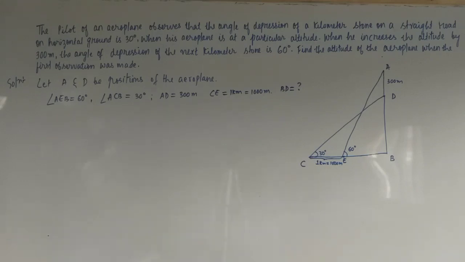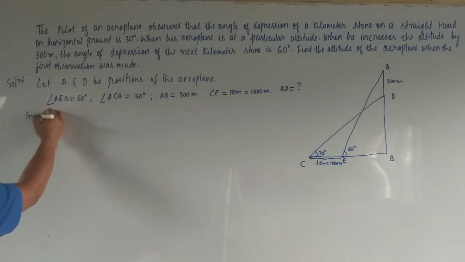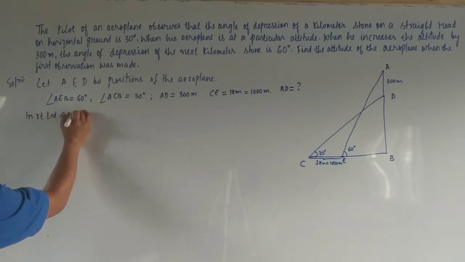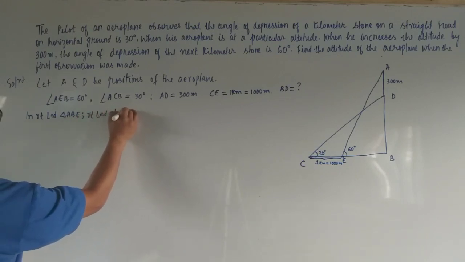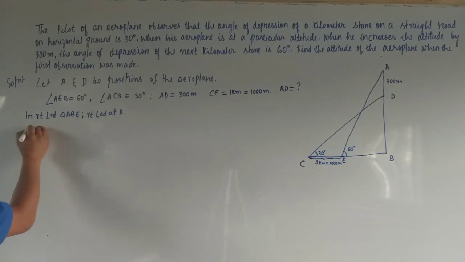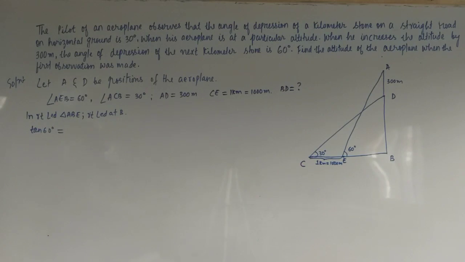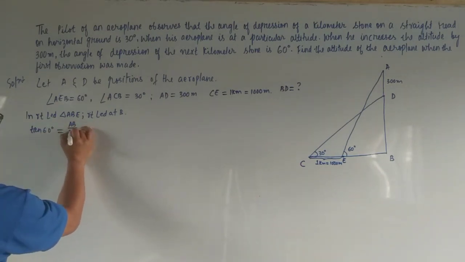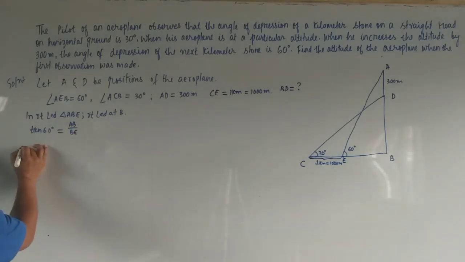Now let's start with the first right angle triangle. Let's take the right angle triangle ABE. In right angle triangle ABE, right angle at B, tan 60 degrees equal to AB by BE. So tan 60 degrees is √3.